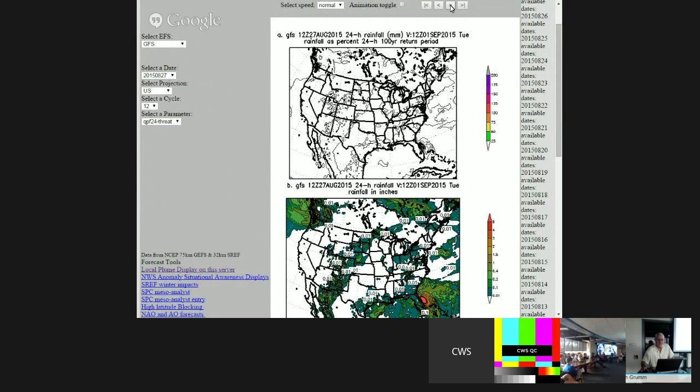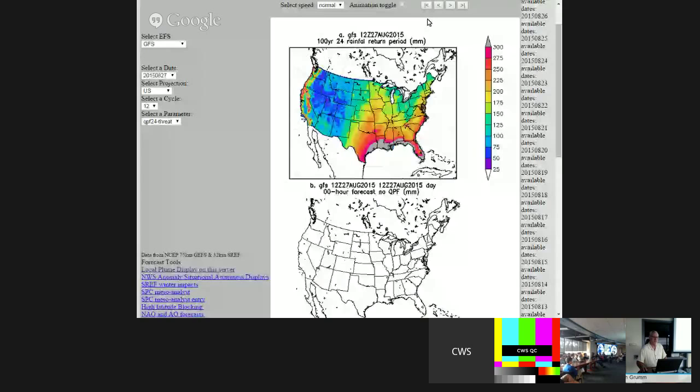The contours are so tight it's hard to tell, but it looks like there's at least a 75 to 100% chance of a 100-year rain event along the western coast. The legend says that's about 275 to 300 millimeters of rain, a 100-year event in that location.